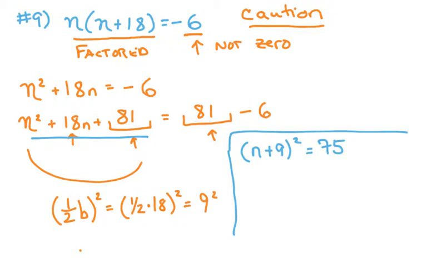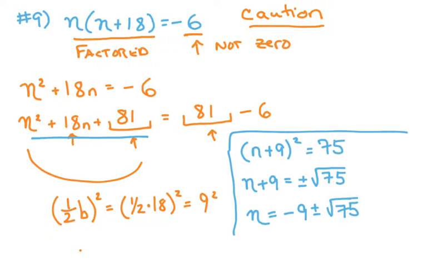Now we're ready to use the square root property. So n plus 9 equals plus or minus the square root of 75. And now I can say n equals negative 9 plus or minus the square root of 75.